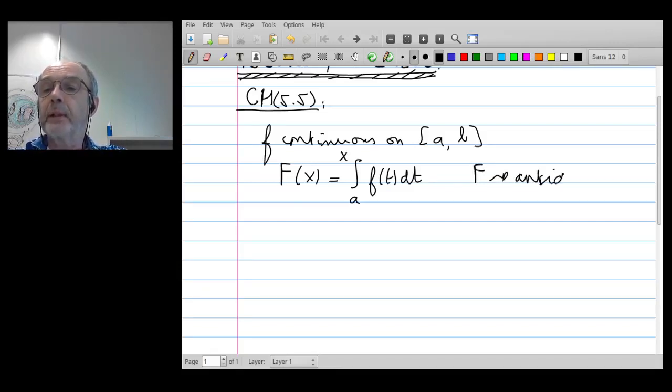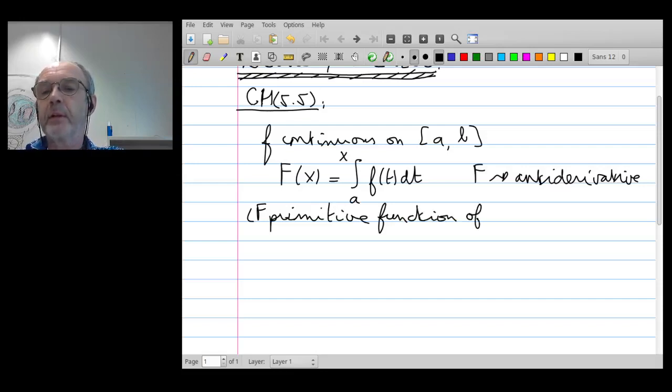As we saw in the chapters before, antiderivative, but often I will call it a primitive function of f. So a primitive function of the little f you are trying to integrate. So this is a new name, primitive function.